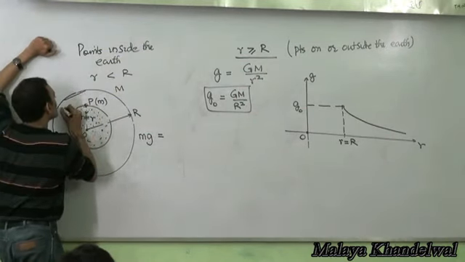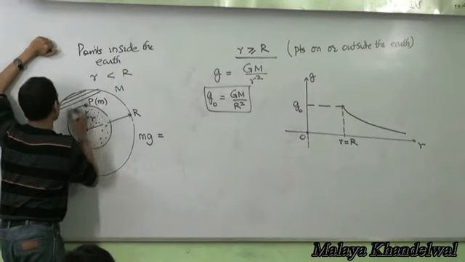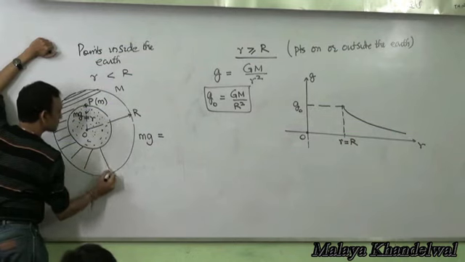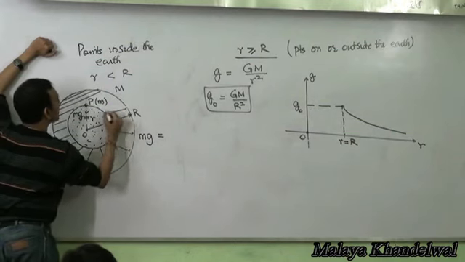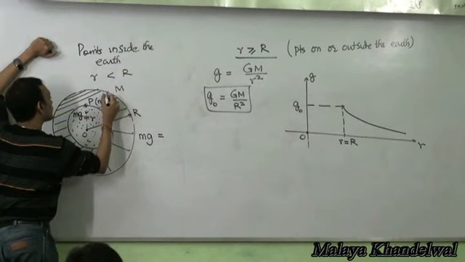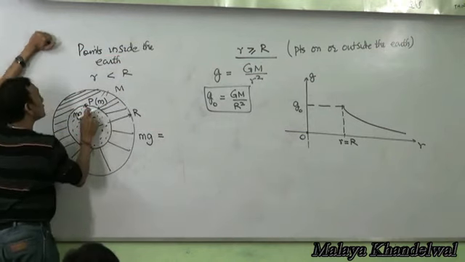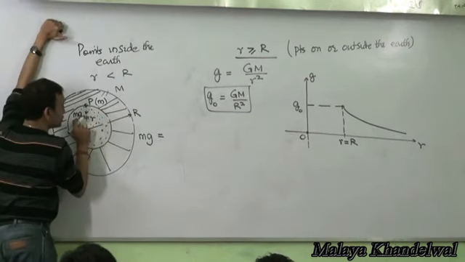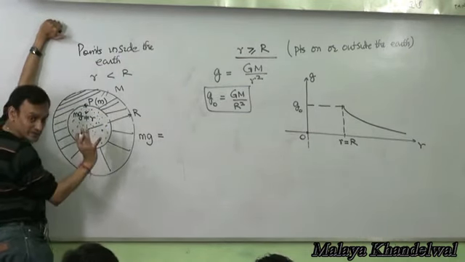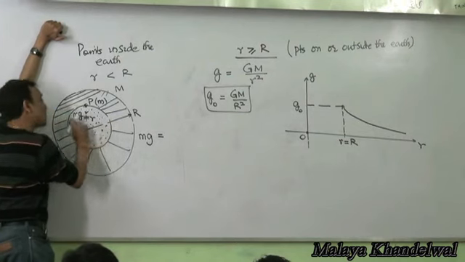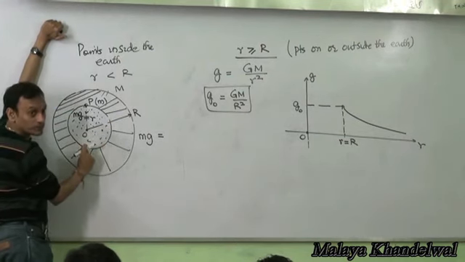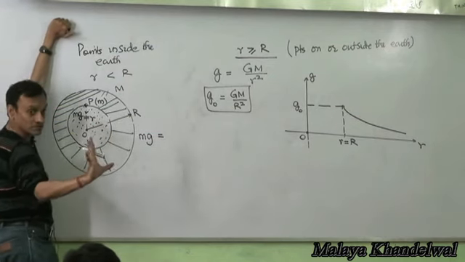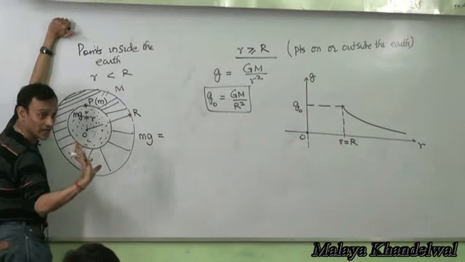And then there is a spherical annulus of thickness capital R minus small r, which contains a certain amount of mass that can have its own gravitating influence on this mass m. So the net force mg that this small m experiences is because of the mass contained in the sphere of radius small r and because of this shaded mass. The net of both must be mg.